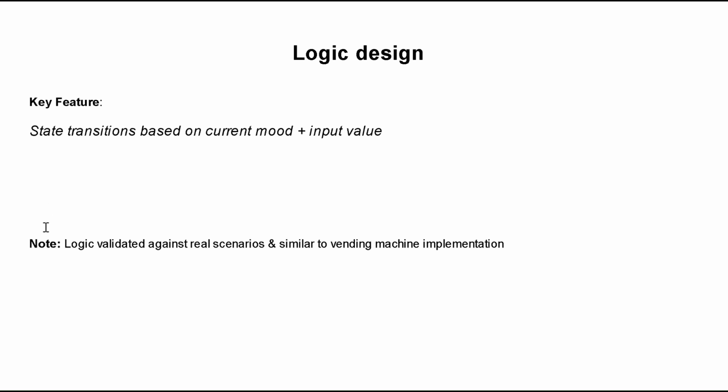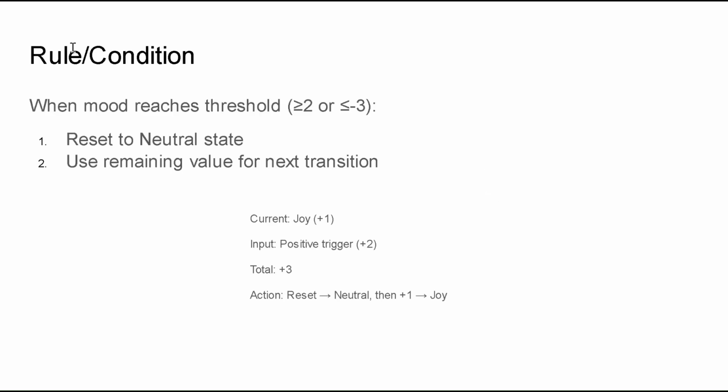As you can see, that is quite similar to the vending machine implementation that we have studied in class, because here is the rule and the condition of the machine. Like the vending machine, when the human mood reaches a certain threshold that I set here, which is larger than or equal to 2, or below or equal to -3.